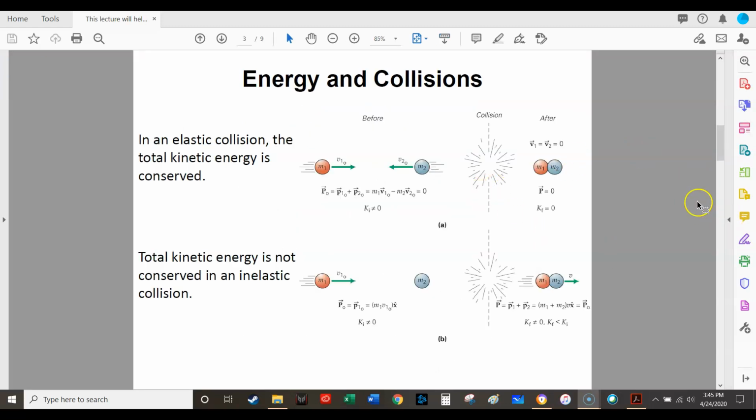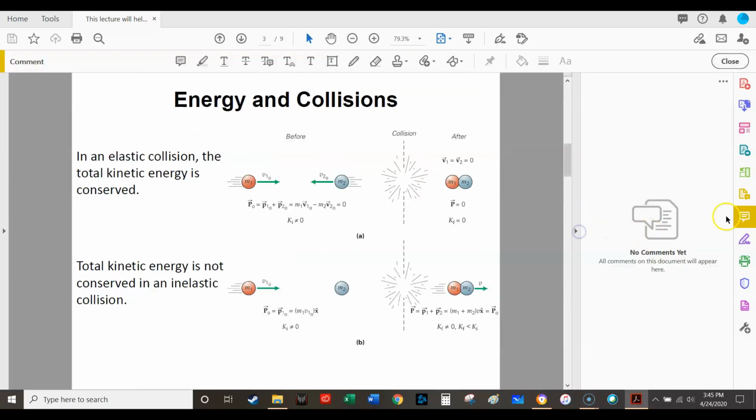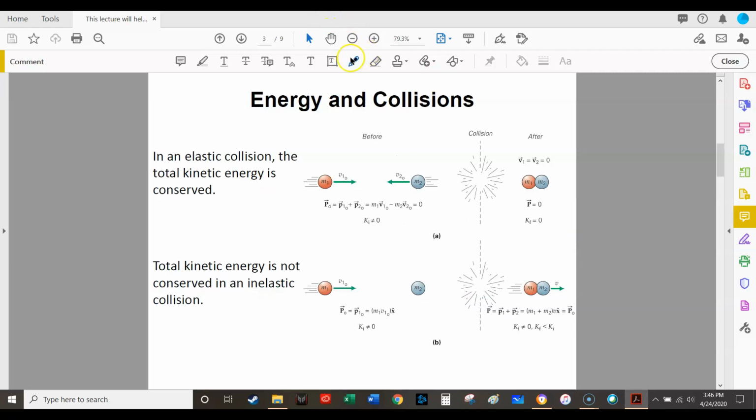However, this is not the case with all types of collisions, okay? We just worked out that with elastic collisions, both the momentum and the kinetic energy are conserved. However, there is an issue with inelastic collisions, right?